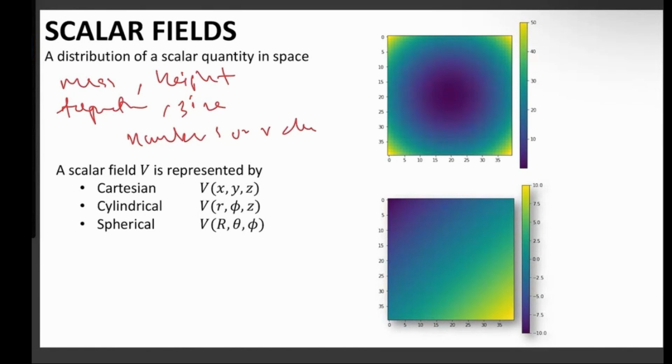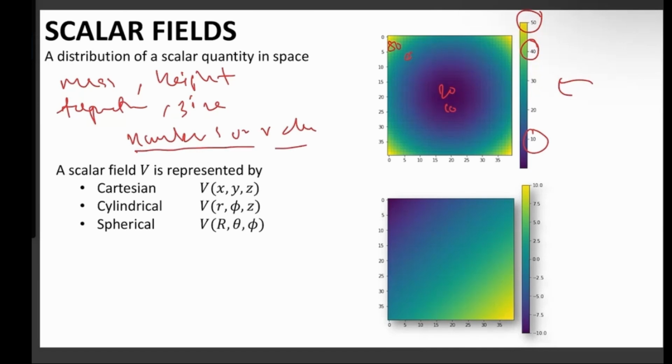In this case, we have scalar values here, 50, 40, 10. So maybe this one is 50, this one is 40, and 20, 10. It's the value in a space. The value can be a number, maybe height.